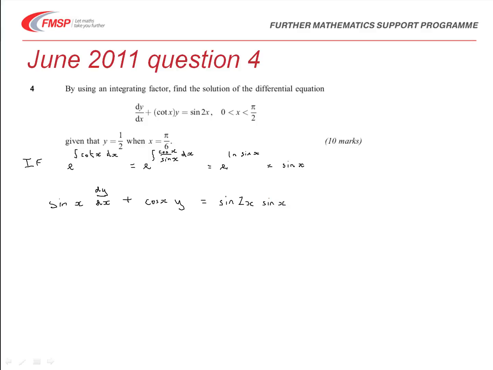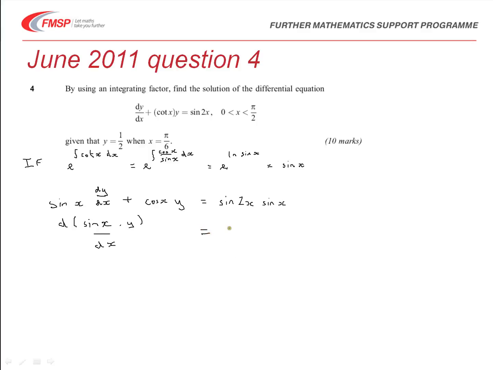Now the left hand side, we then know that this can be rewritten as a differential, and it's the differential of the integrating factor, which is sine x multiplied by our function y, with respect to x. And we can see that if we did differentiate sine x times y we would get those two terms above, so that's just fine.